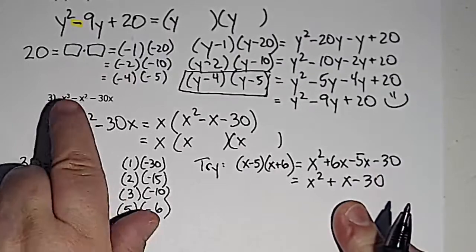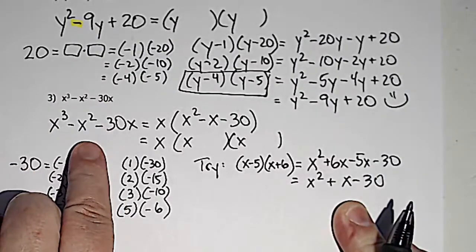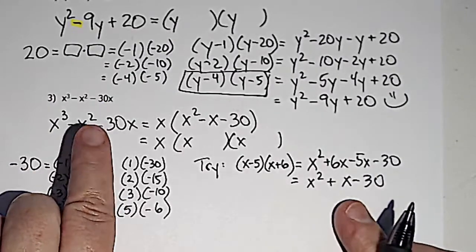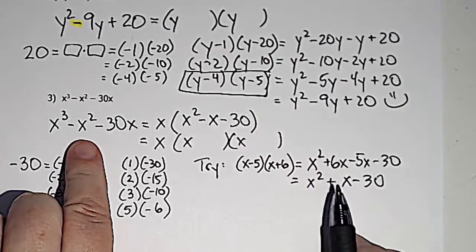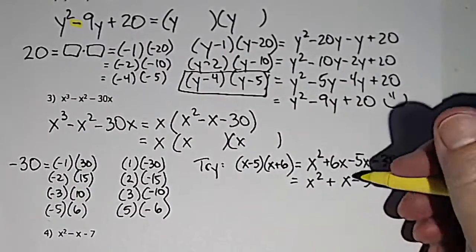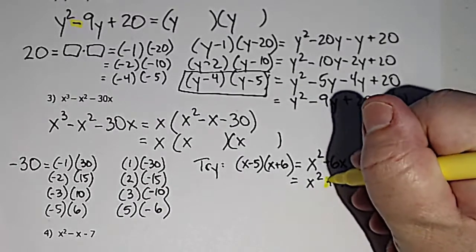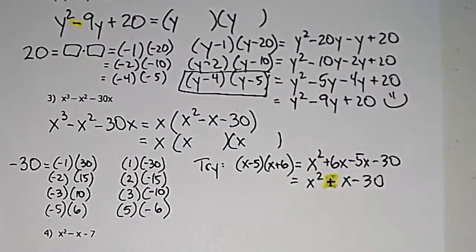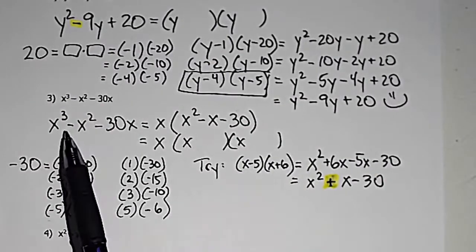So let's compare this with what we were looking for right there. It's very, very close. The numbers are all right. The one thing that's wrong is this plus right there. We wanted a minus.